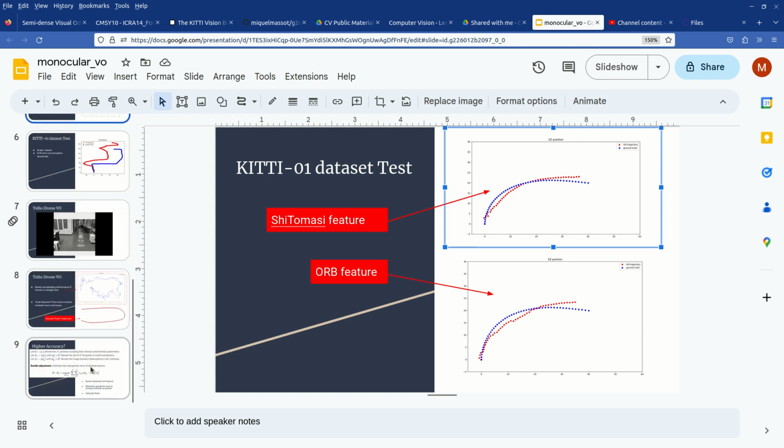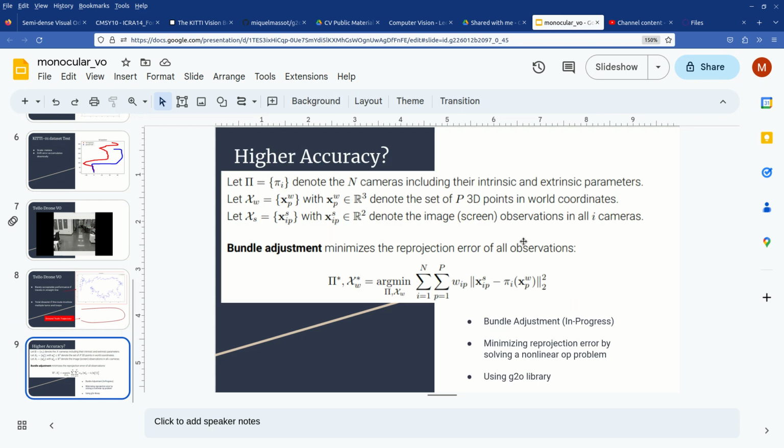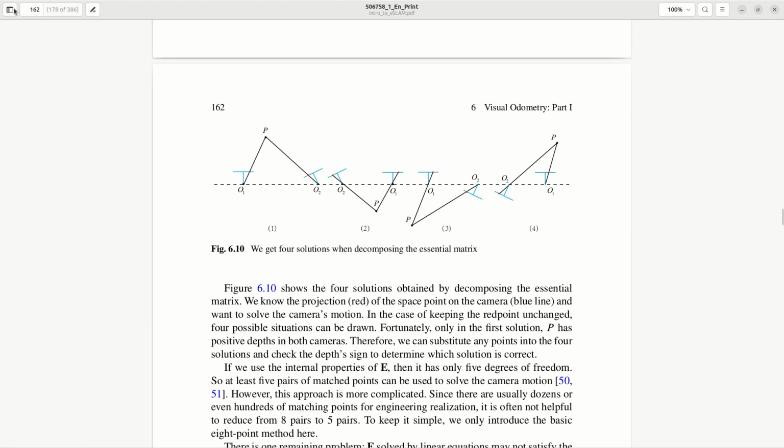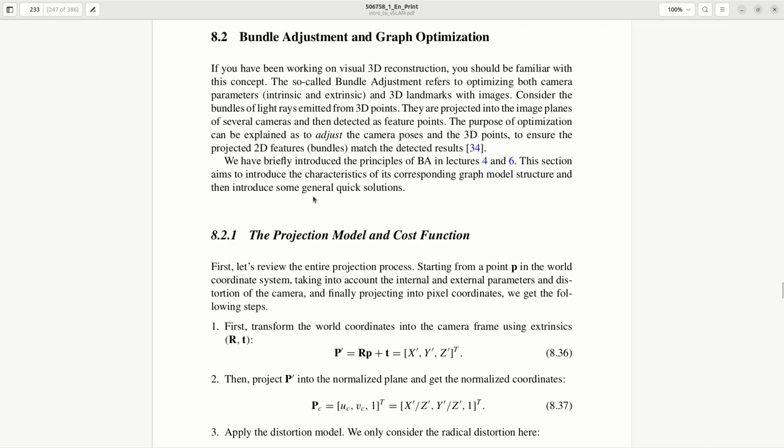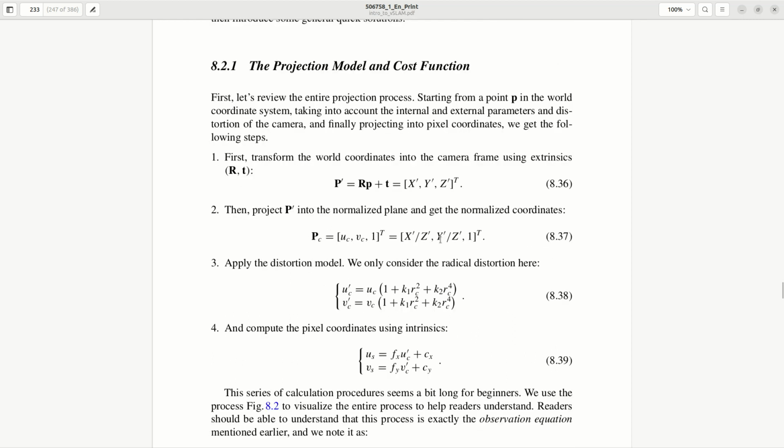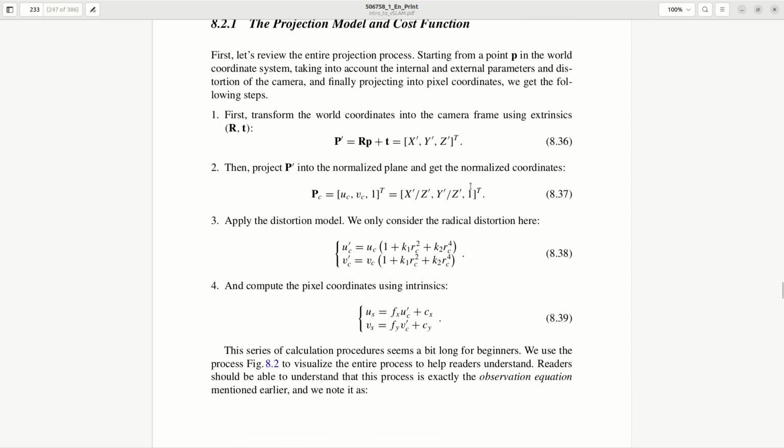So the next important concept I want to introduce is bundle adjustment. Let me find the textbook chapter for this. I haven't successfully implemented this part yet, but I think understanding the rationale behind this is going to be helpful.